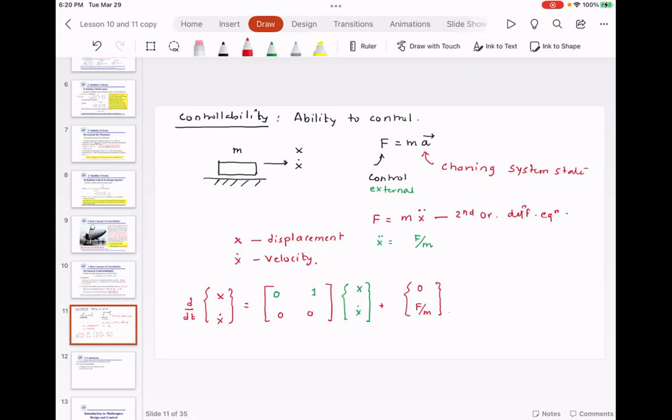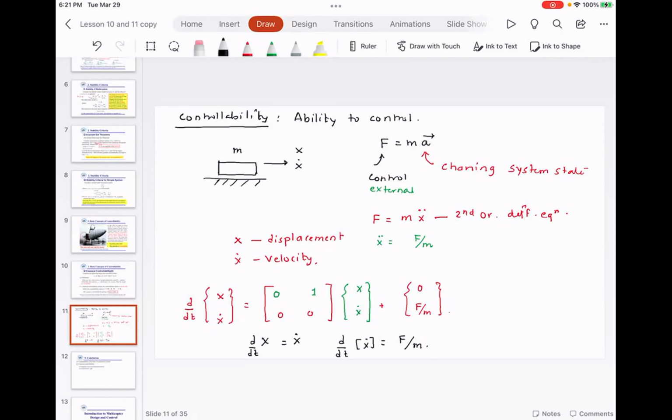Now I want you to look at this equation. When you expand it, you have dx by dt is equal to x dot, and d by dt of x dot is equal to f divided by m. Are you with me so far? So this second order equation got converted into a set of two first order equations.